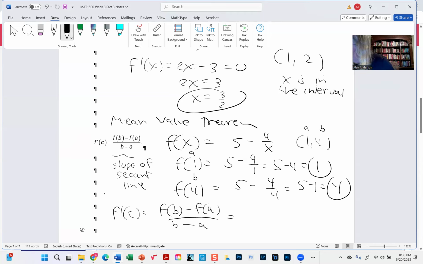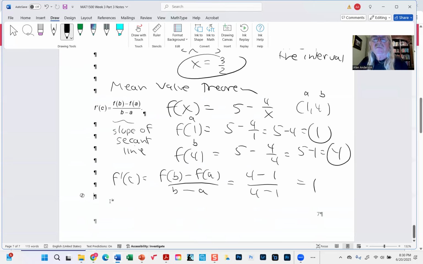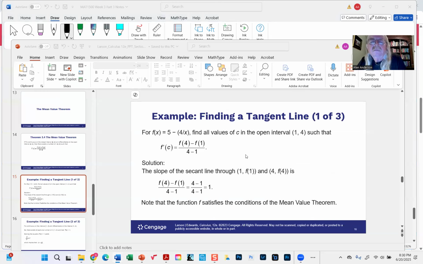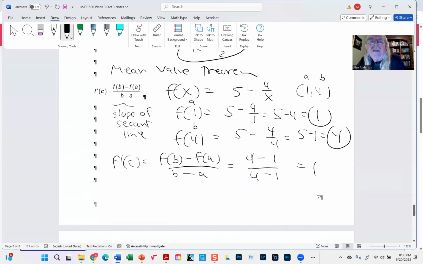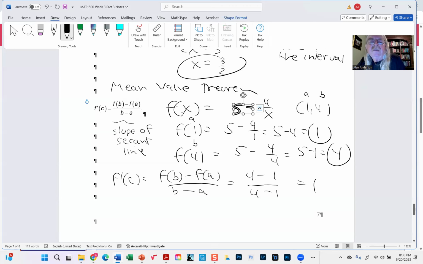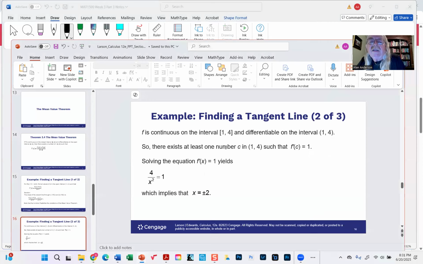So we're going to have 4 minus 1 over 4 minus 1. So in other words, in that interval that we've just defined, there has to be a point where the slope of the tangent is 1. Okay? So we're going to find that point by taking the derivative of this function and setting it equal to 1.